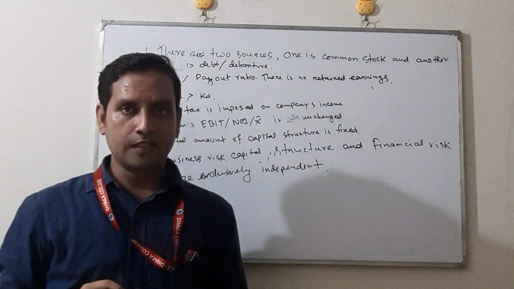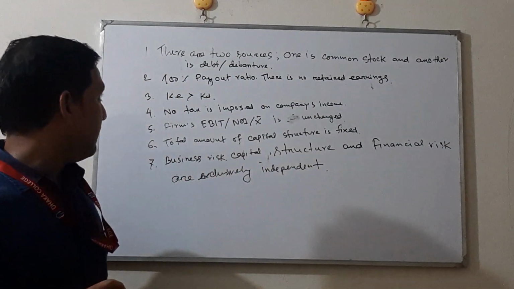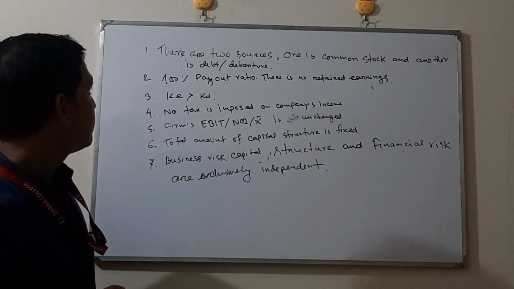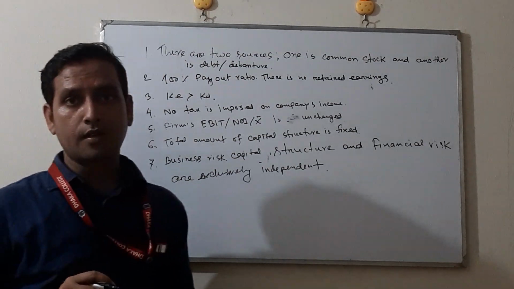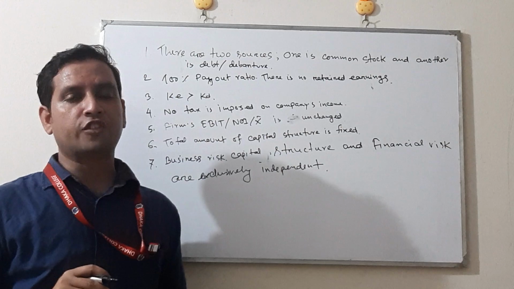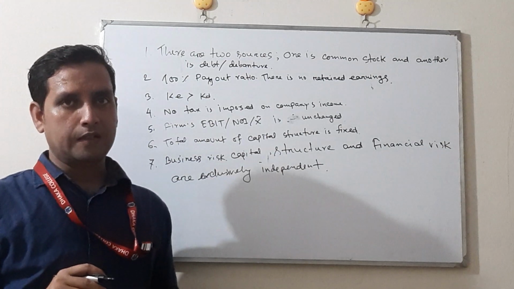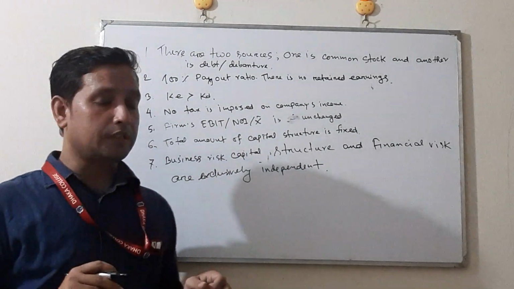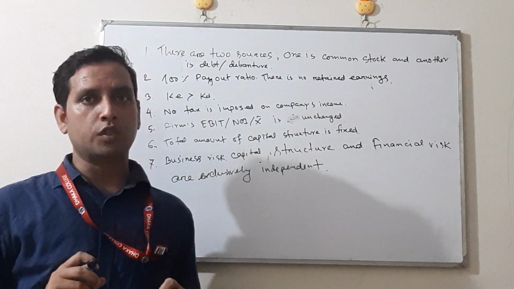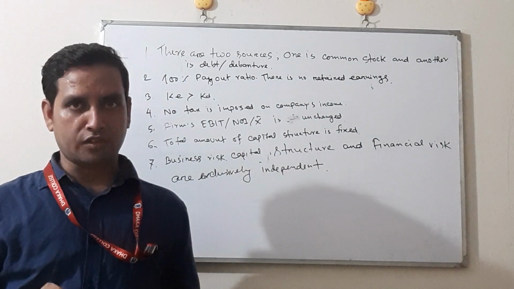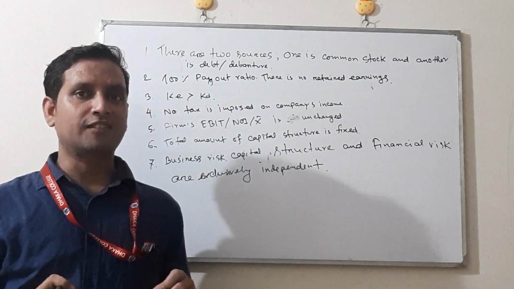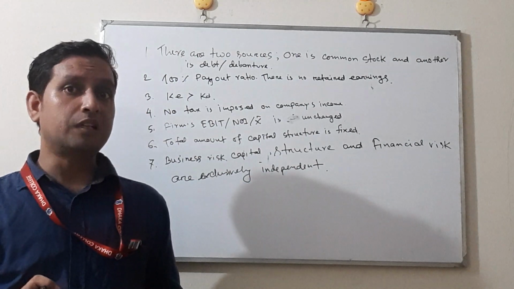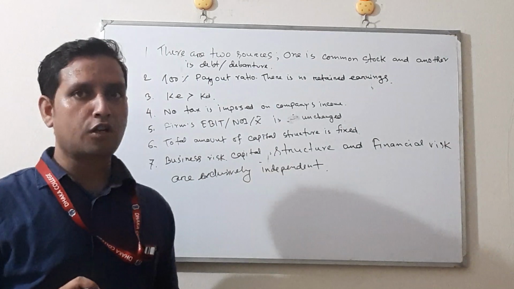Okay, dear students, these are the assumptions of the traditional approach. Although there are seven assumptions, the traditional approach has some restrictions or criticisms. Let's see what the criticisms of the traditional approach are.